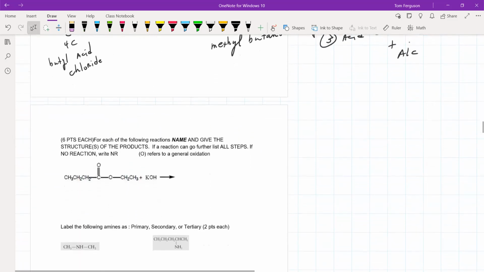All right. Okay, so we have an ester, and we have an alkaline environment. So this is going to be saponified. Okay, so this is the acid part, alcohol part.